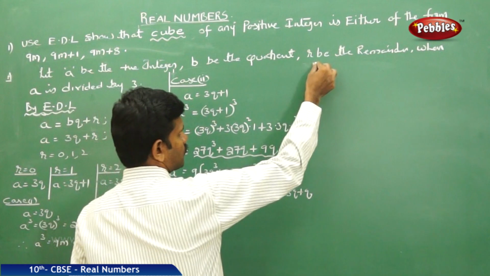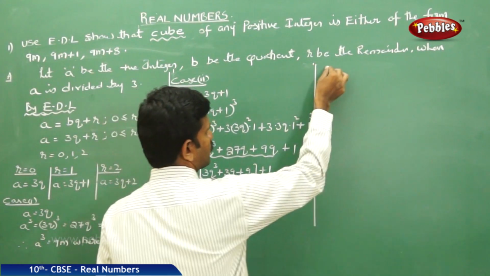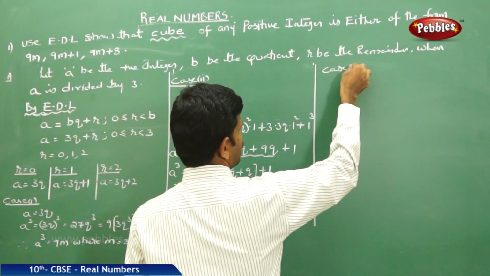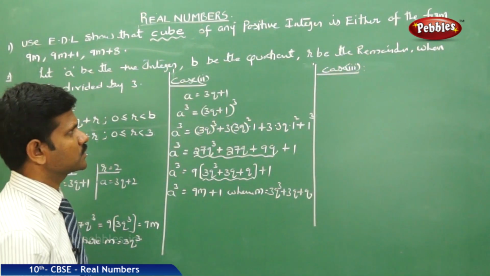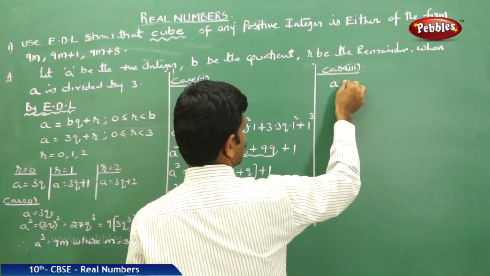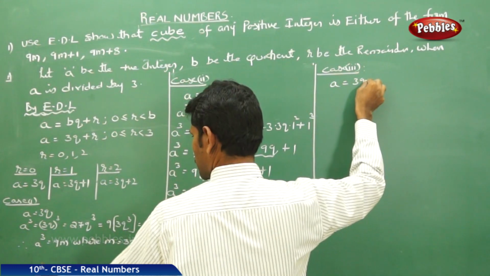Therefore come to case 3, that is a is equal to 3q plus 2.